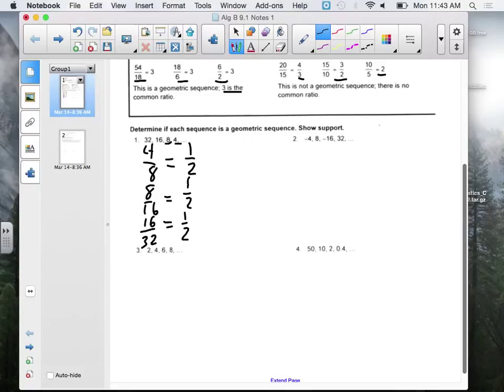So, do we have the same ratio between each term? Yes. Right. So is this a geometric sequence then? Yes. Yep, so we would say yes. This is a geometric sequence.